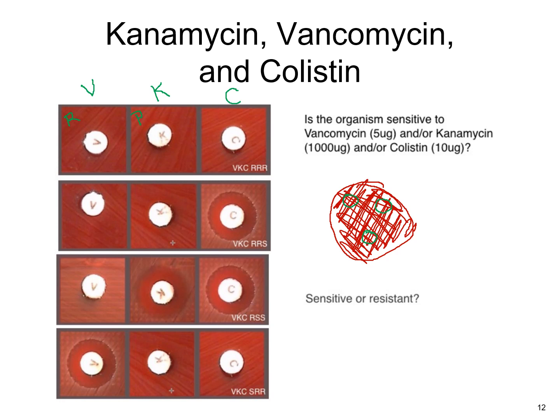And so that's the same for all of these. They're resistant. This second row here, you've got sensitive, because you have growth up to a certain point and then it stops growing.